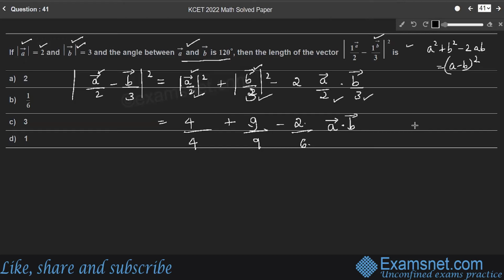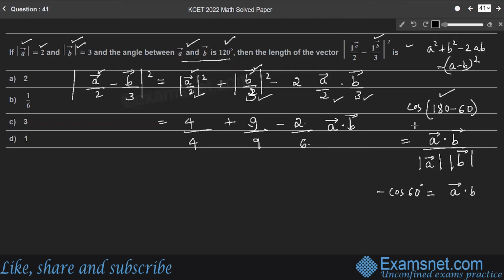And the angle between the two vectors a and b is given, right? So here, cosine of the angle between two vectors, I'll write 120 as 180 minus 60. Cosine of the angle between two vectors is the dot product of two vectors divided by the product of their magnitudes, so mod of vector A into mod of vector B. Whereas cosine of 180 minus 60 is minus cos 60, which is equal to the dot product of two vectors divided by the product of their magnitudes. The product of their magnitudes is 2 into 3, right?